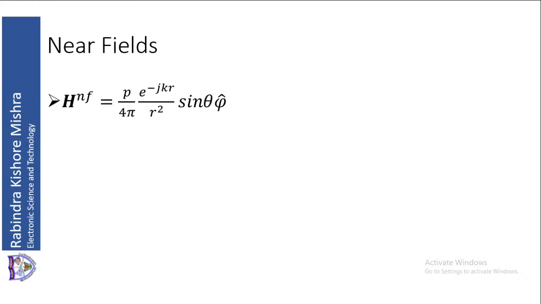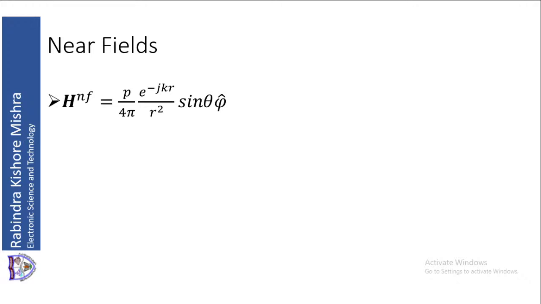But they are in phase quadrature with the magnetic field component H near field. We will see that now. If the electric field and magnetic field are in phase quadrature, then the power is reactive power. If they are in phase, then the power is not reactive, it is dissipating. And if they are in phase quadrature, it is reactive power.